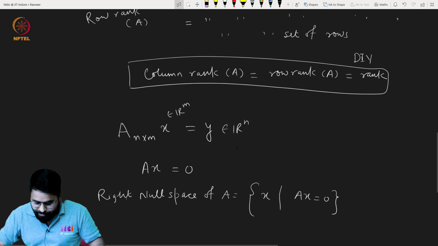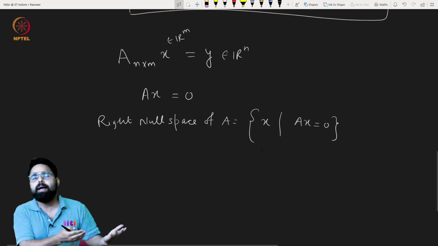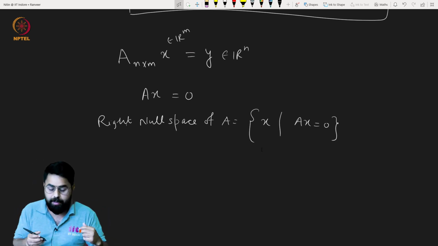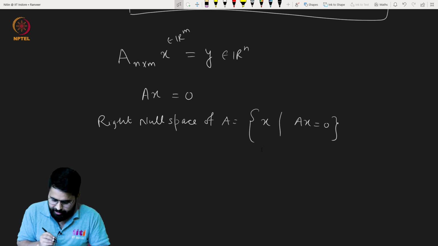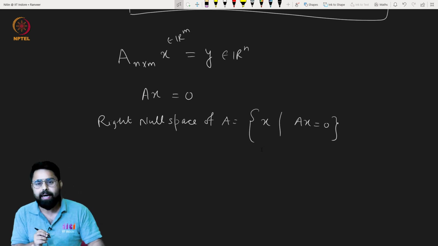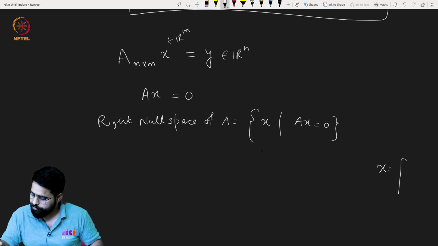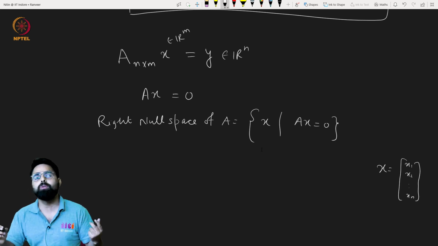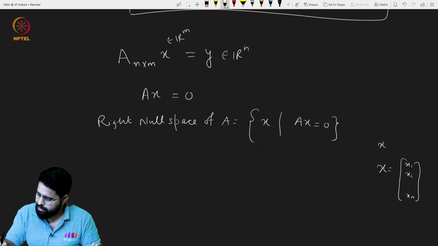Similarly, you can multiply the vectors towards the left, but this time it will be a row vector. By the way, in this whole course, by vector I will always mean a column vector, like x1, x2, up to xn, and whenever I have to use it as a row vector, I will simply take the transpose.